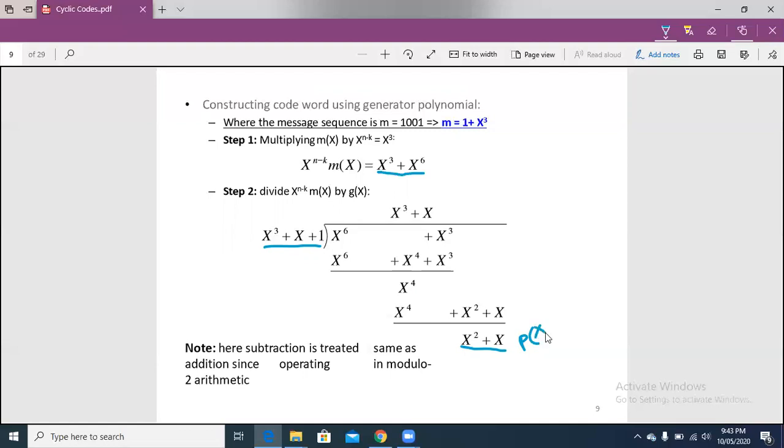So what we have to do is add x3 plus x6, plus we have to add the parity p of x. So this will be x plus x2, x3 plus x6.